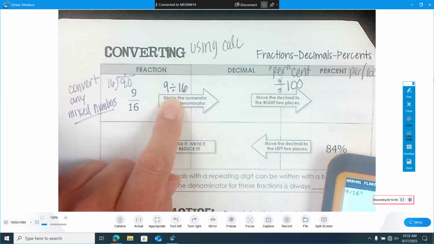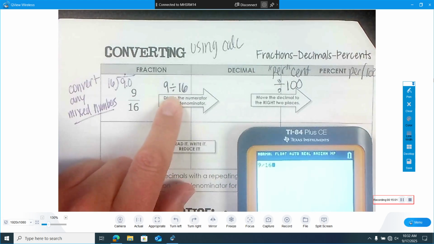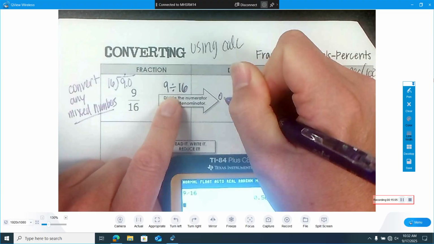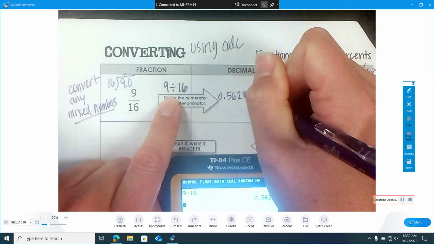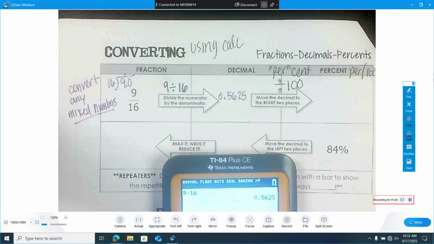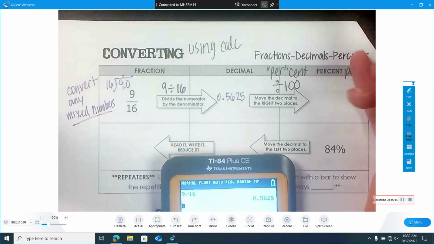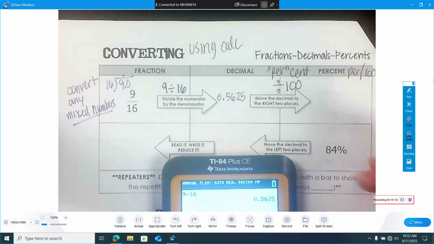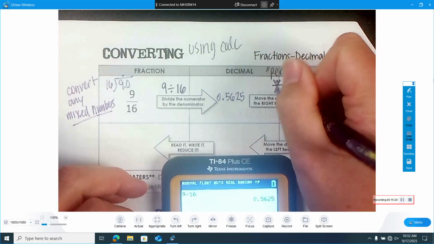So 9 divided by 16 in our calculators gives me the nice little decimal, 0.5625. All right? So in your calculators, you can do that. Now, if I want to convert a decimal into a percent, I don't know why I wrote division.